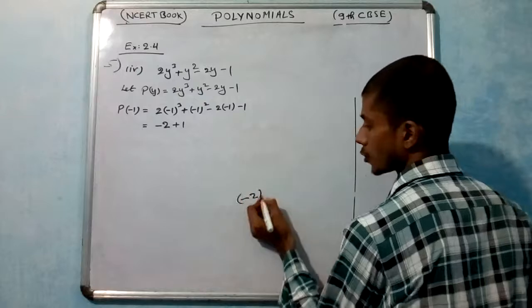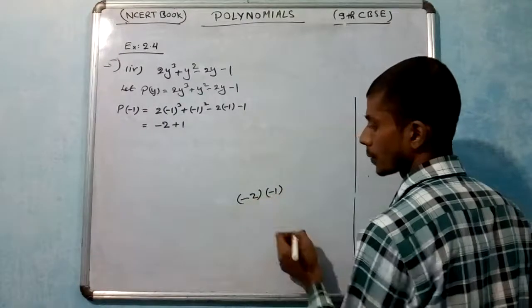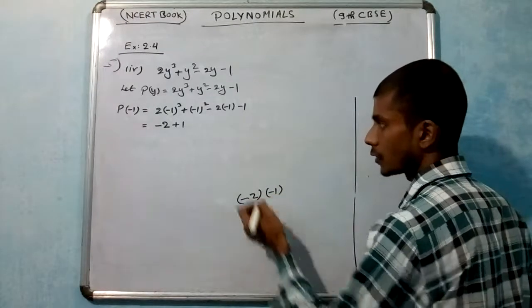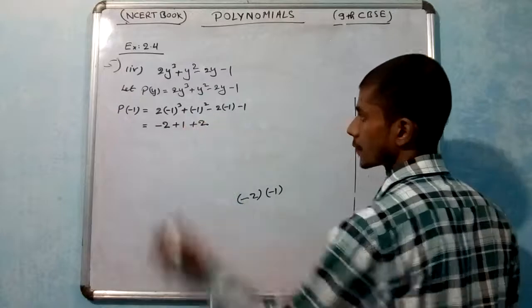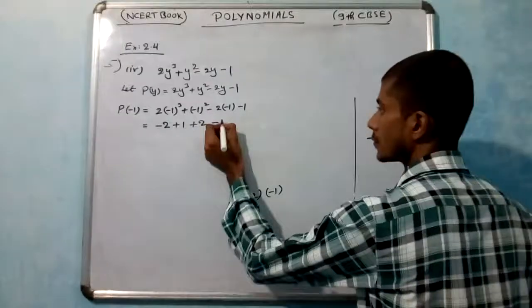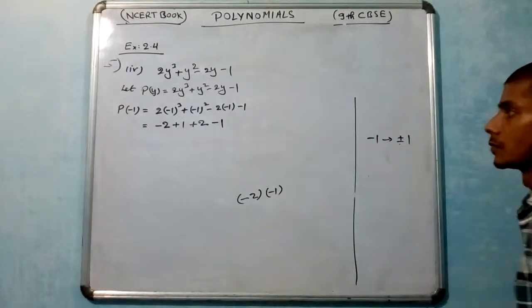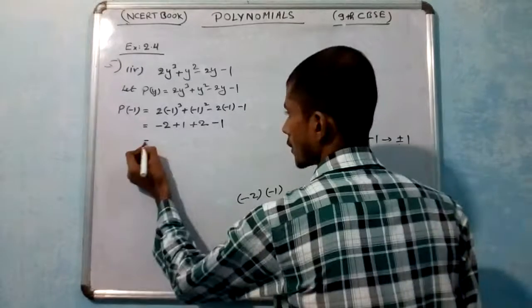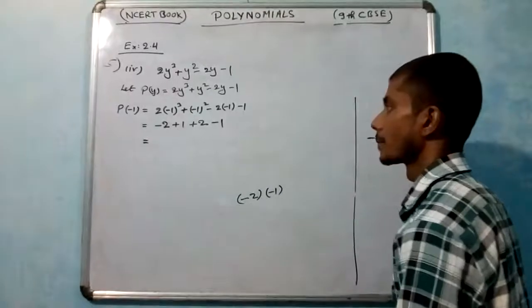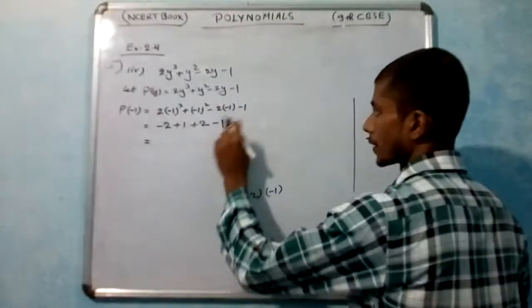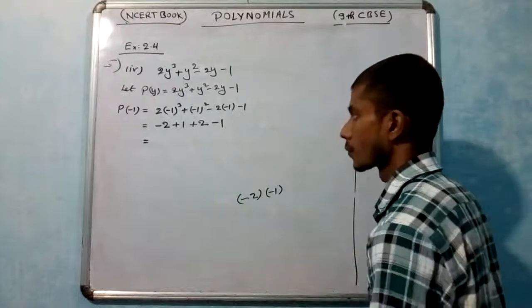Minus 2 into minus 1? You are multiplying, no. How to multiply the numbers? Multiply their signs, multiply their values. Next. So plus 2 and minus 1. Next what?